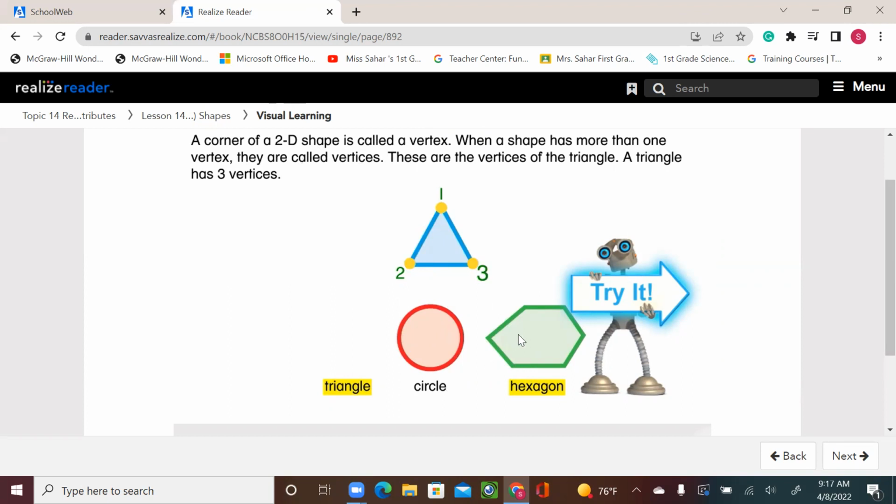So the hexagon has 6 straight sides and also 6 vertices or 6 corners. The one that does not have straight sides or corners or vertices is the circle.